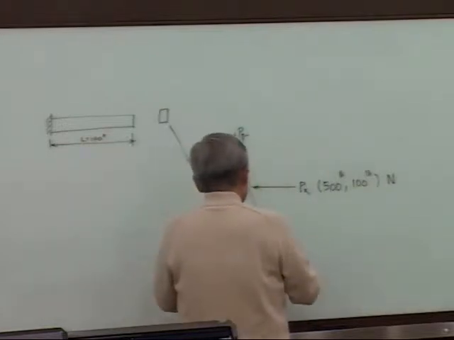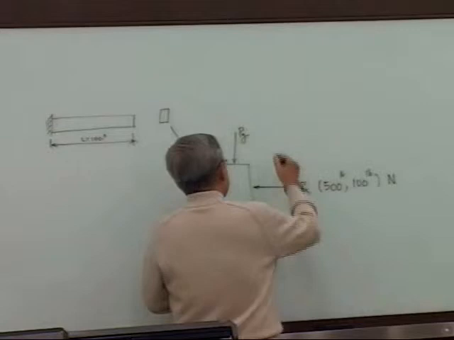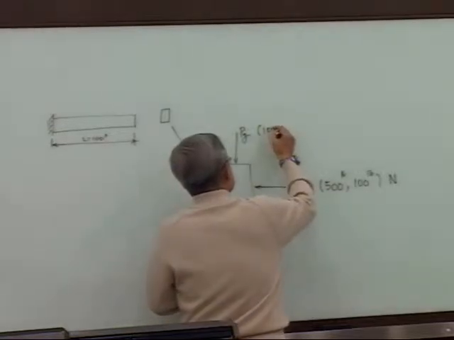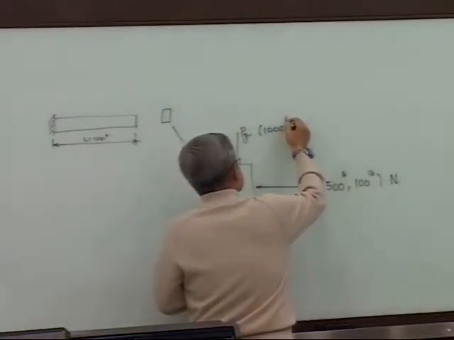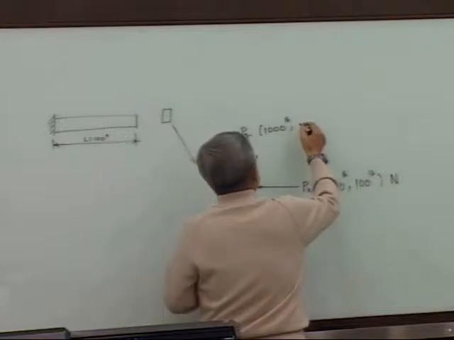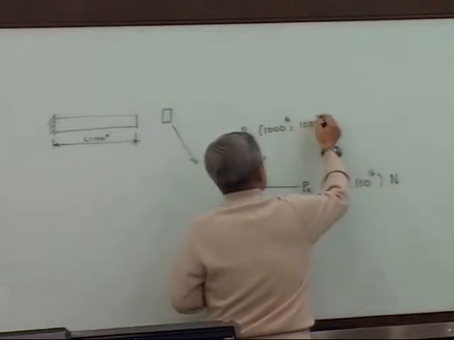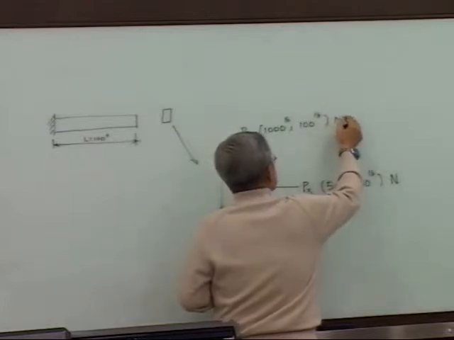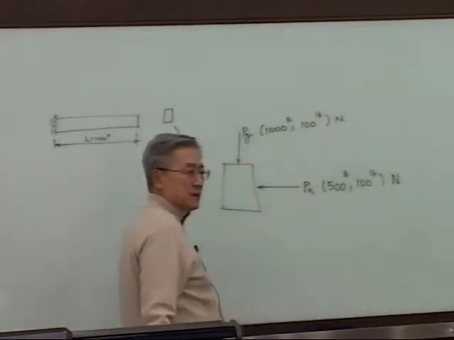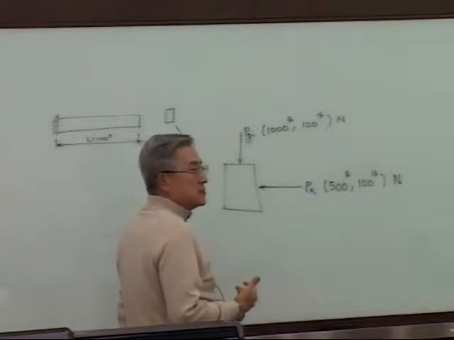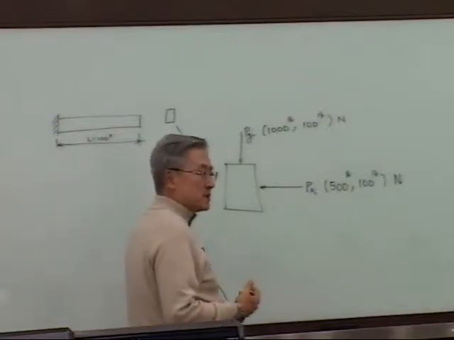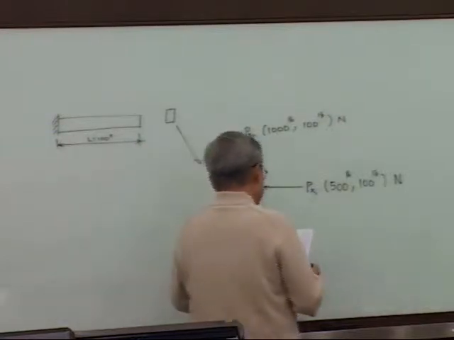And the Py is 1,000 pound and 100 pound, then normal. So two random variables, Px and Py.